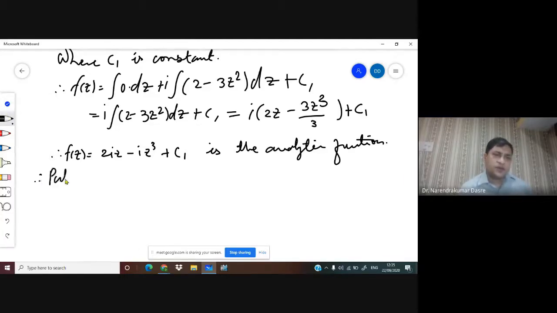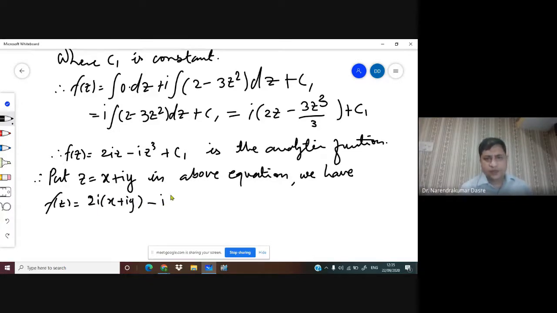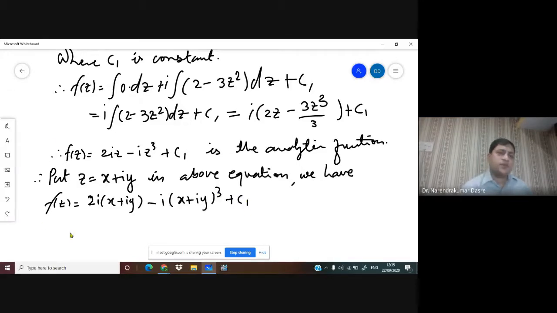Hence, what we have to do is separate the real and imaginary parts. So we put z is equal to x plus iy in the above equation. We get f of z is equal to 2i(x plus iy) minus i(x plus iy) whole cube plus c1.